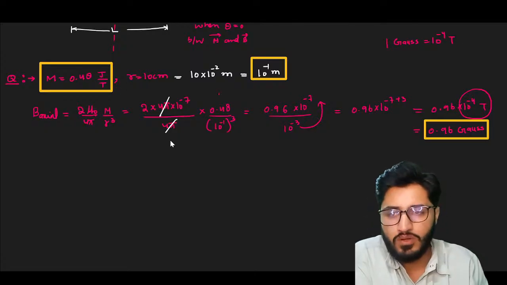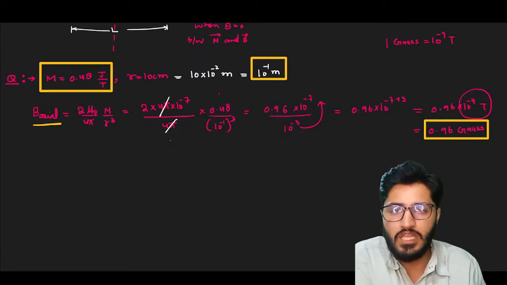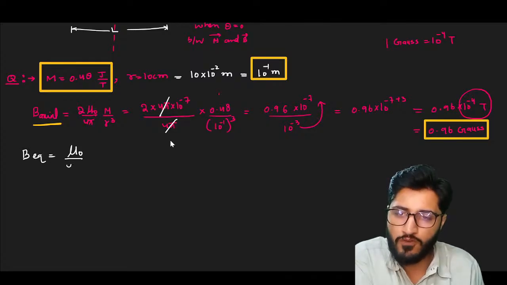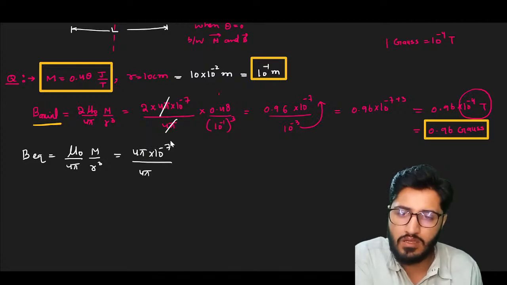Okay, so B axial is done. Now we have B equatorial. That is mu naught upon 4 pi, M by R cube. It is 4 pi times 10 to the power minus 7 divided by 4 pi. M is 0.48 divided by (10 to the power minus 1) cube.